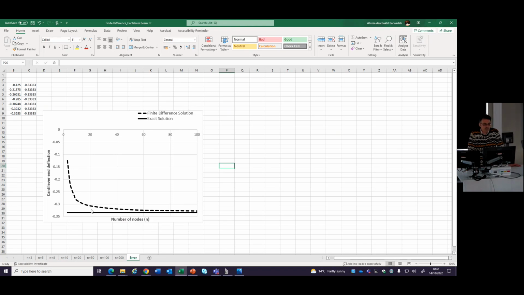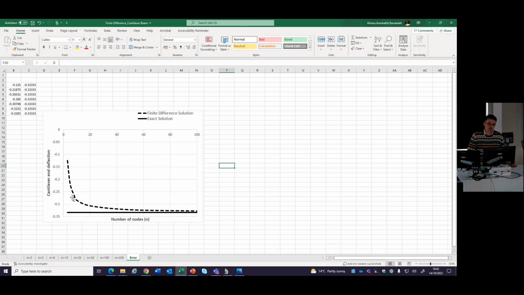If I look at this, I would say, okay, this is the exact solution. Somewhere here, the dash curve is almost approached to the exact solution, right? Somewhere here, but it really depends on the designer's choice.